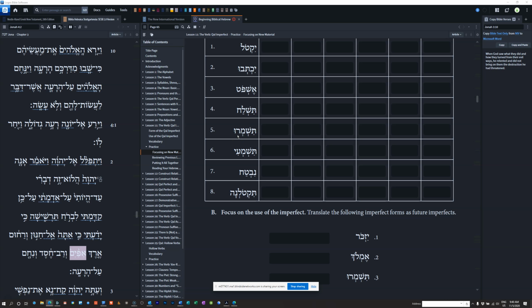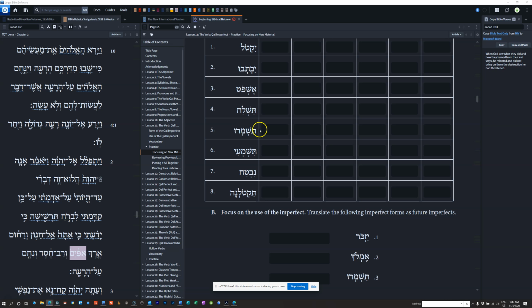I guess it would also be in the third feminine plural as well, tav is added. So where do we get a tav prefix and a shureq suffix? Shureq is going to indicate plural, so we can throw out the singulars. Tav, we talked about, in the plural occurs in the 3FP, the 2MP and the 2FP.